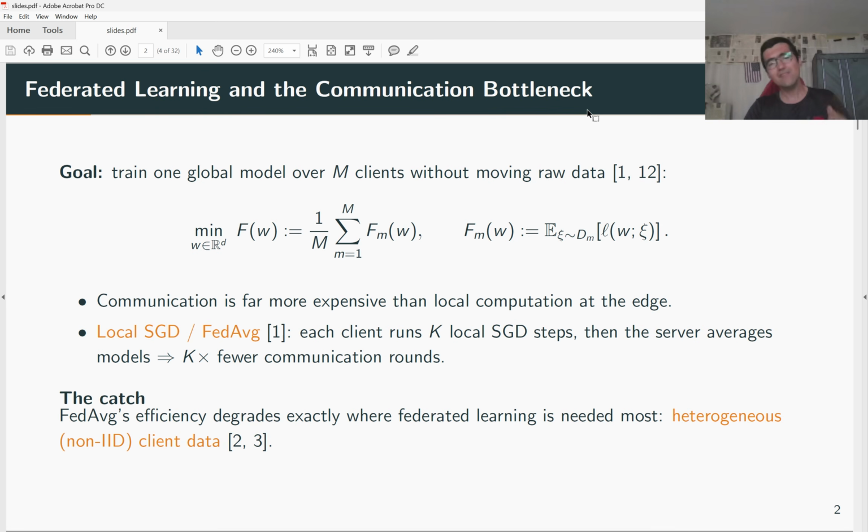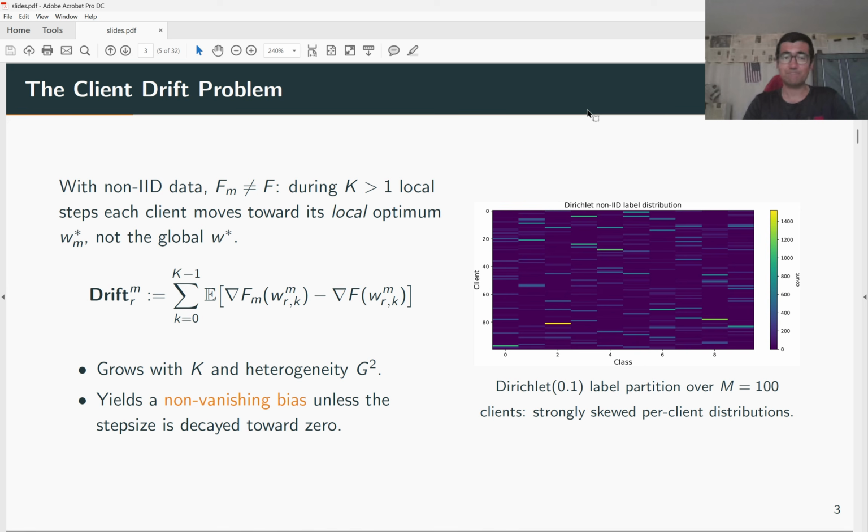But, and this is the catch, this efficiency degrades exactly where federated learning is needed most: when client data is heterogeneous, what we usually call non-IID, and in practice, that is very often the case.